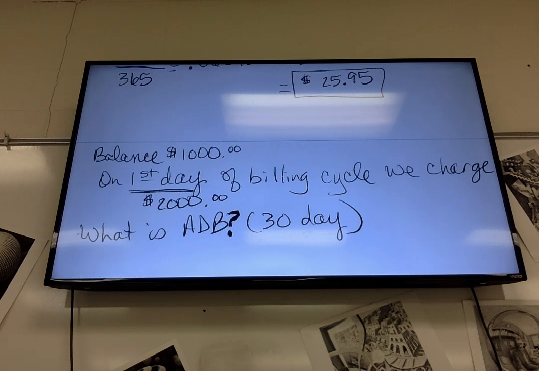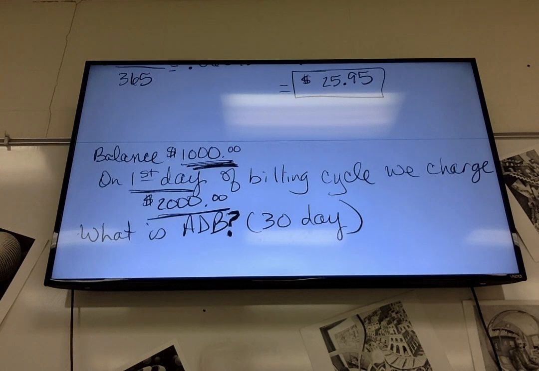Well, average daily balance is fairly easy for this kind of problem, because on the very first day we charged the $2,000. So that means for the entire 30 days, how much is on the credit card? Balance means that's how much is already on the card.